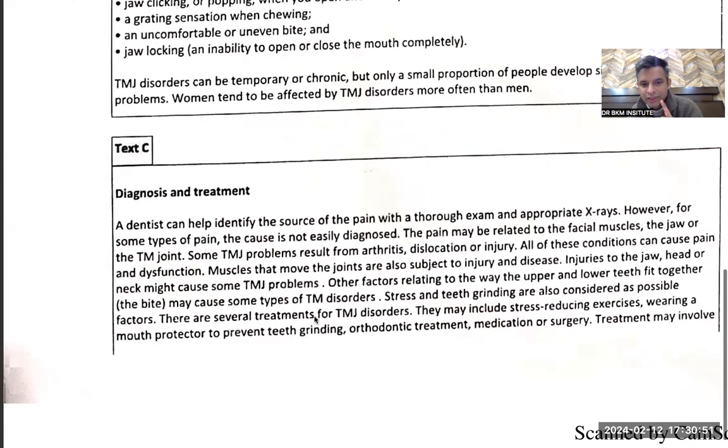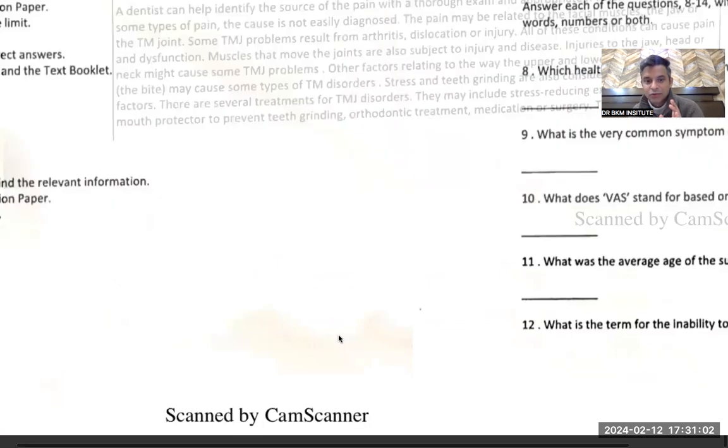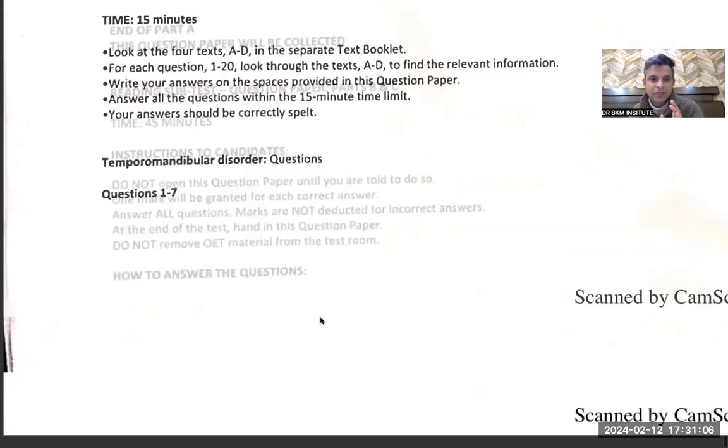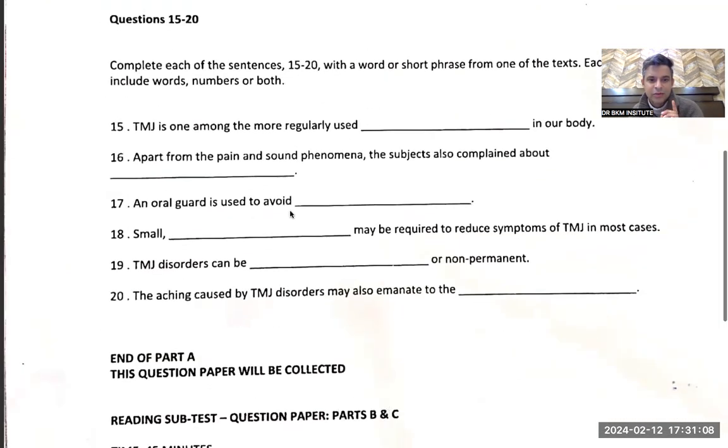Maximum chances are over here. Several treatments, wearing a mouth protector, oral guard to prevent, avoid means prevent, teeth grinding. It should be my answer, I guess. To avoid, I will fit, and we will use it to avoid that teeth grinding.